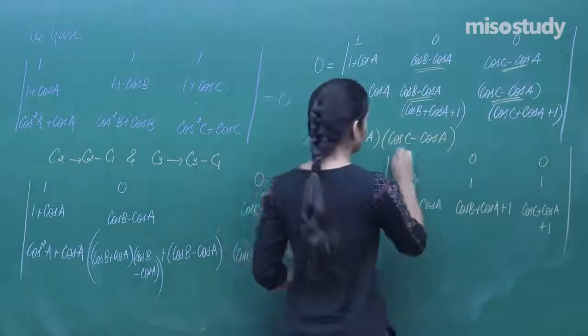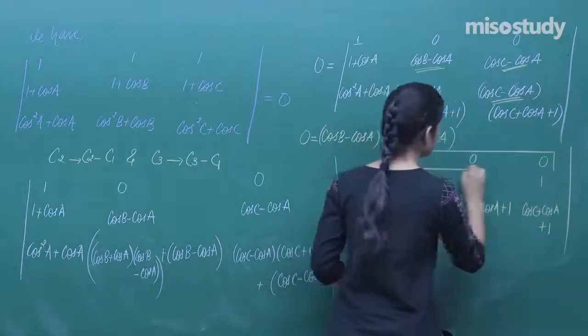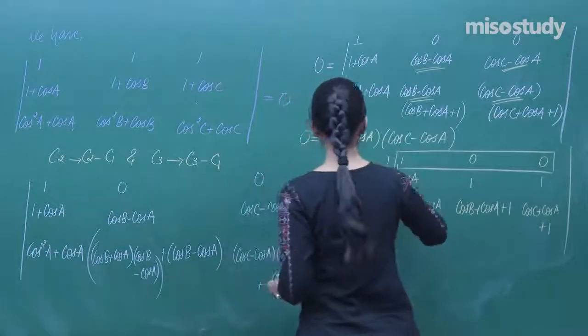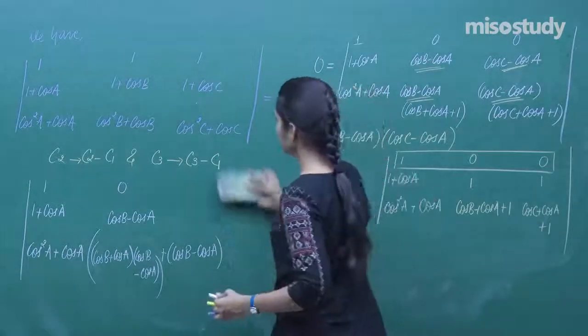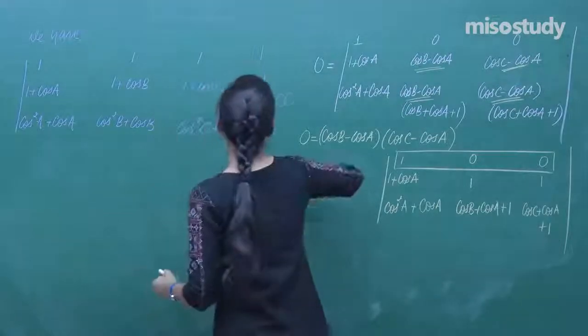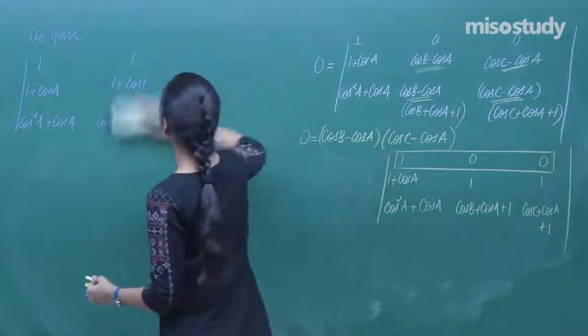You can expand along the first row. What you would be getting is drastically interesting. Let me rub this previous step. You have already understood. Let me rub this as well.